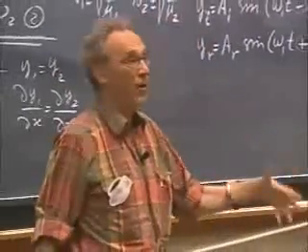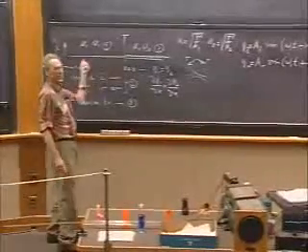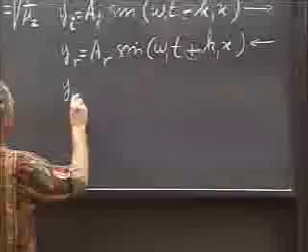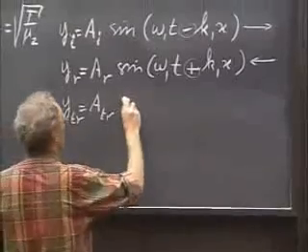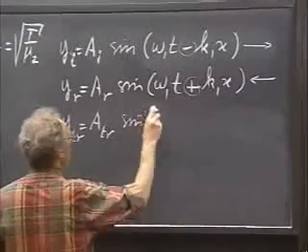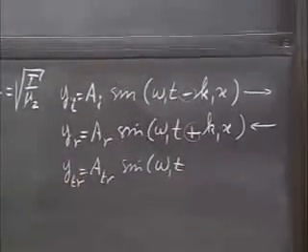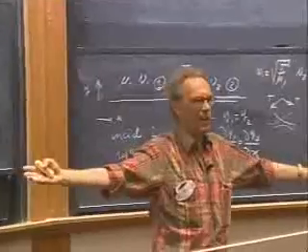The k is 2 pi over lambda, and that wavelength is not going to change for this wave as it is for this one. And so now I get the transmitted one: amplitude transmitted times the sine of the same omega, because if this junction shakes up and down with frequency omega, that's the same for both media.